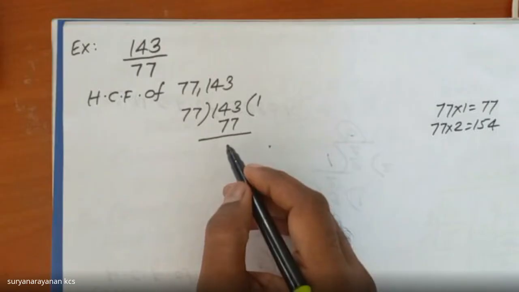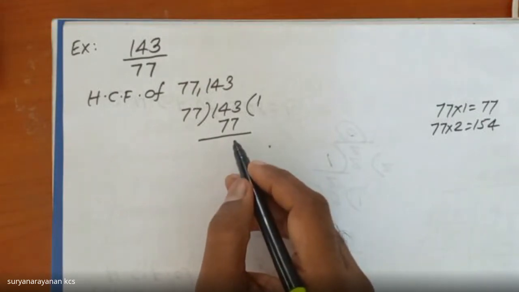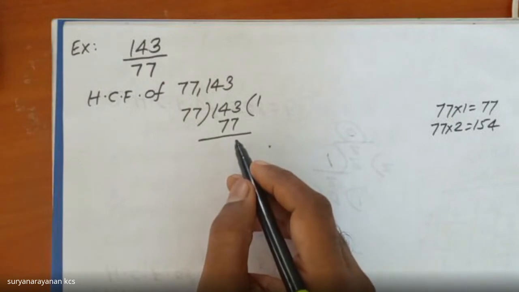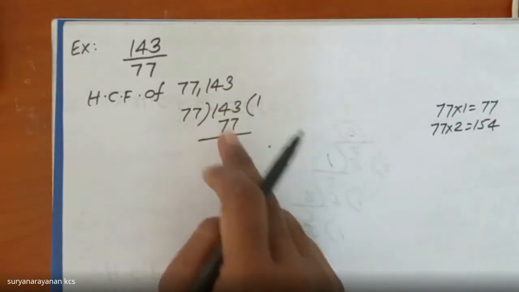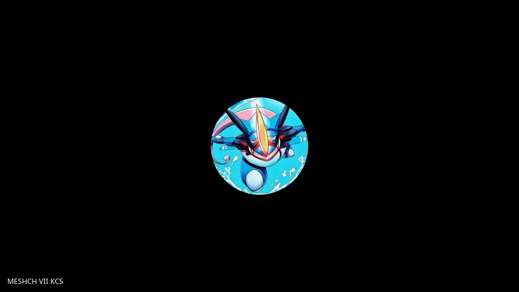Take pen and paper, my children, and tell me the answer. Subtract 77 from 143 and tell me the remainder. 66, sir.